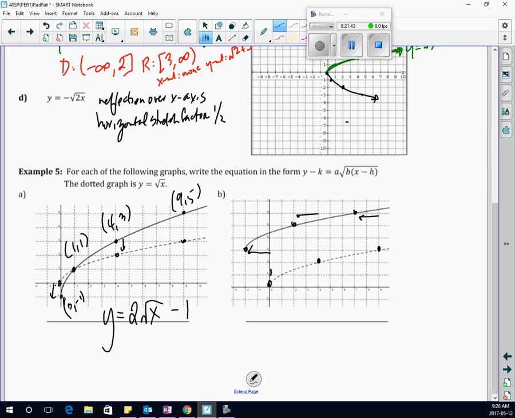Up 3, 1, 2, 3. Up 3, 1, 2. Uh-oh. Nope. 1, 2, 3. Oh, yeah. Okay. So y equals, so what is it? The square root of x plus 2, up 3, right? Bada bing, bada boom.